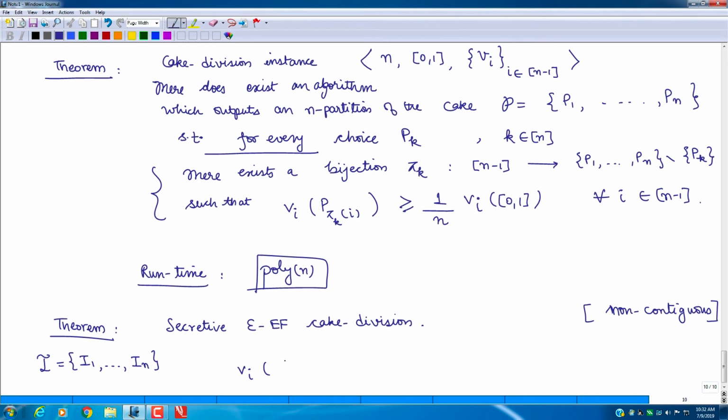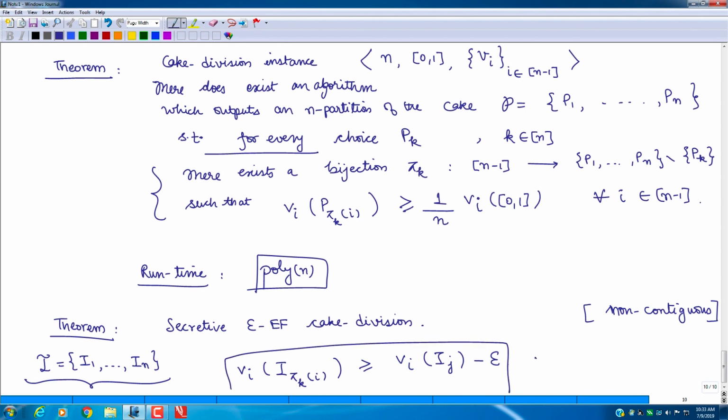Every agent again gets a piece which he values at least as much as all other pieces minus epsilon, and therefore it's epsilon envy-freeness. So we are able to come up with an algorithm which first computes a division of the cake, which might not be contiguous, such that for every choice made by the secretive agent, we are still able to accommodate the remaining n minus 1 agents in an envy-free manner.